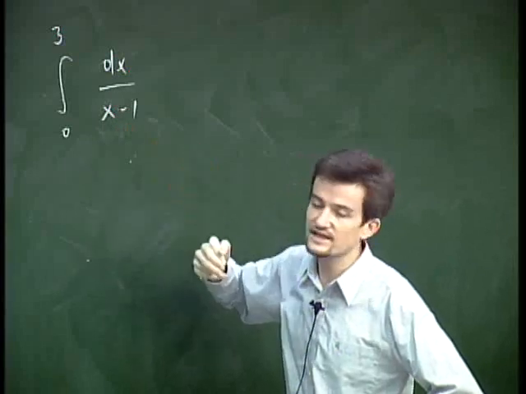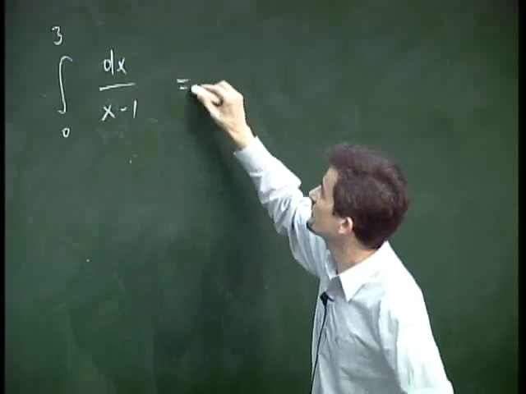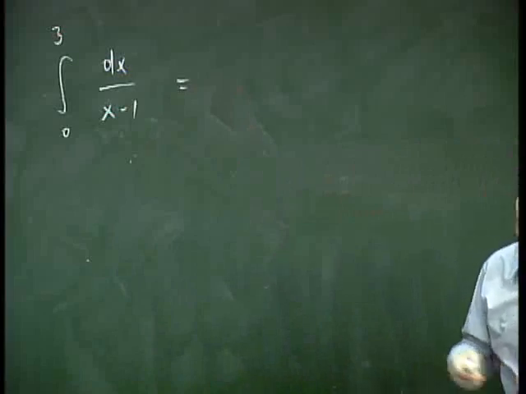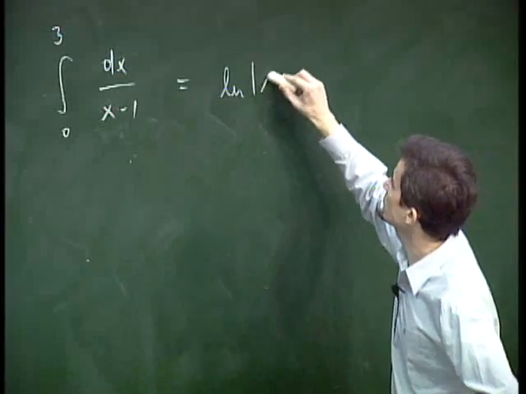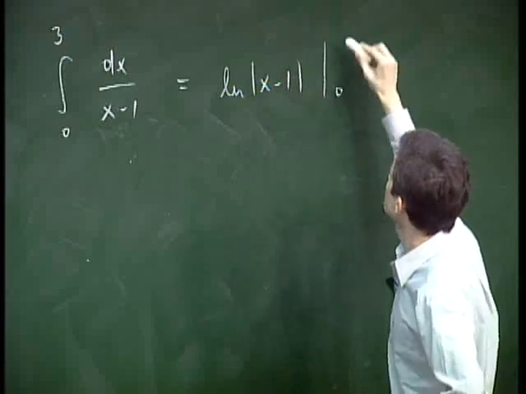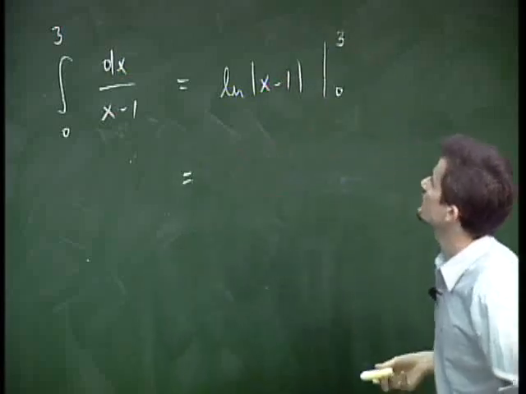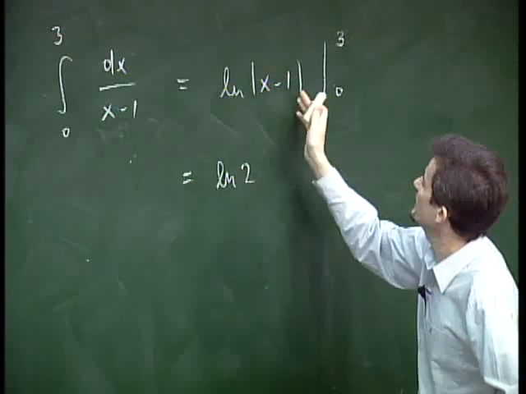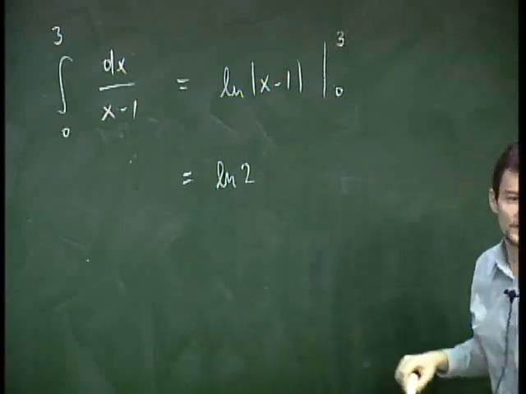If you do not check this, and you immediately apply the fundamental theorem of calculus, you would say this is ln of the absolute value of x minus 1 evaluated at 0 and 3. So this is ln of 2 minus ln of 1, which is 0, giving ln of 2.